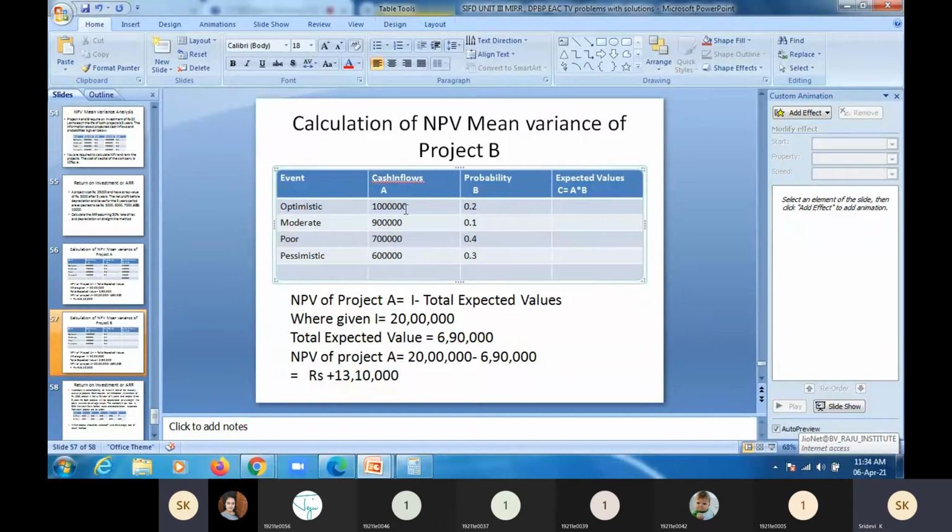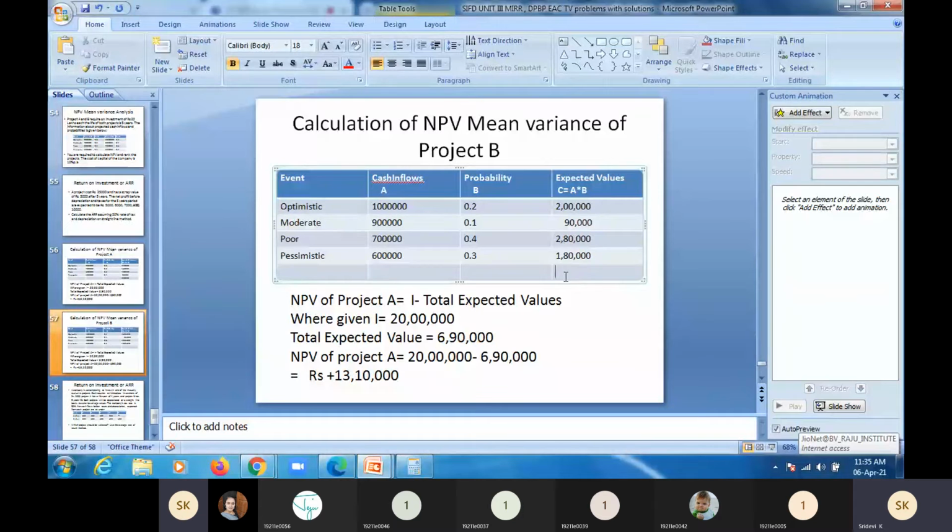So multiply these with the probabilities, you will get the values. 10 lakhs with 0.2 will give you, sorry, not 20, 2 lakhs you will get, because 1 0 you remove. 0.1 means it is 90,000. 90,000 and 0.6 lakhs will give you 1,80,000.